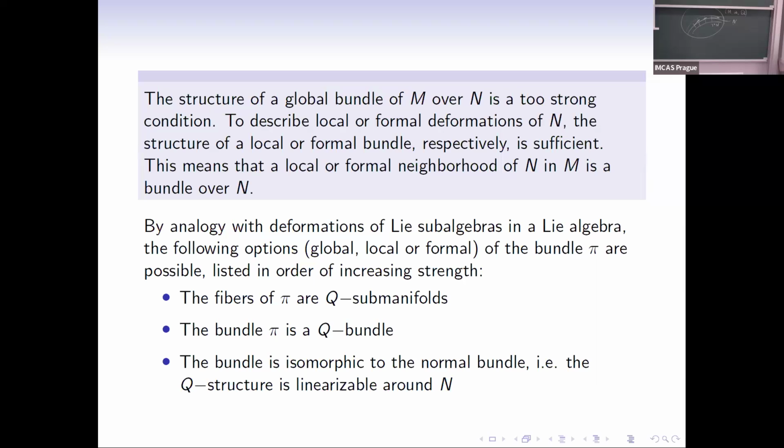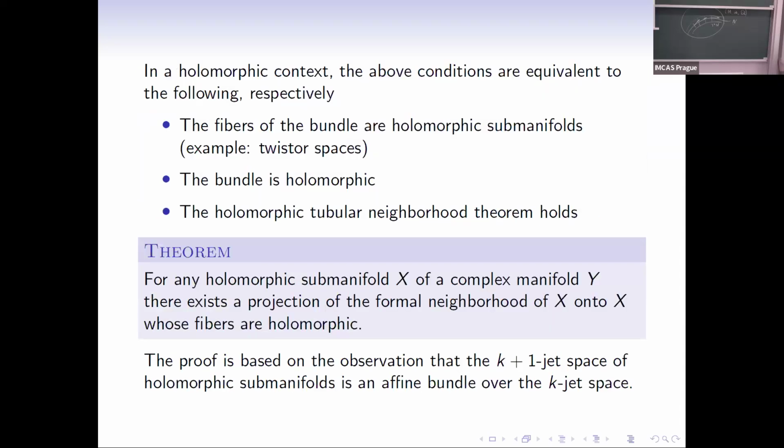And if Q is linearizable around N, this was the last one, where also the green part disappears. Well, there are many examples when one happens and another one doesn't. So if you have, for instance, a complex submanifold, then it's not necessarily true locally.